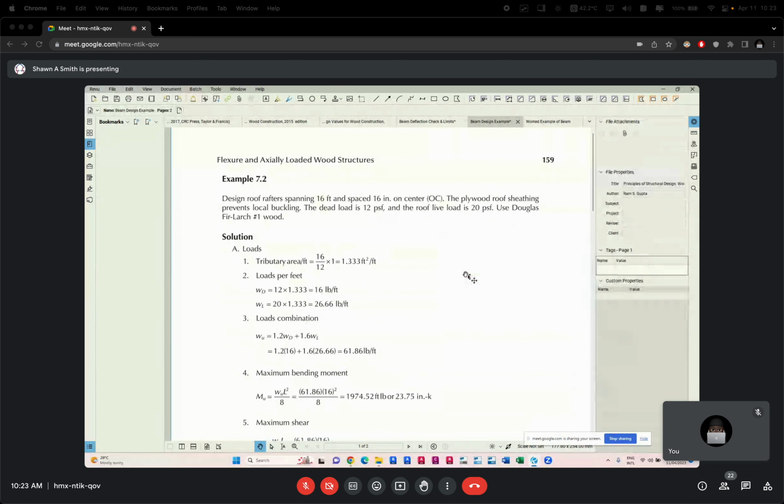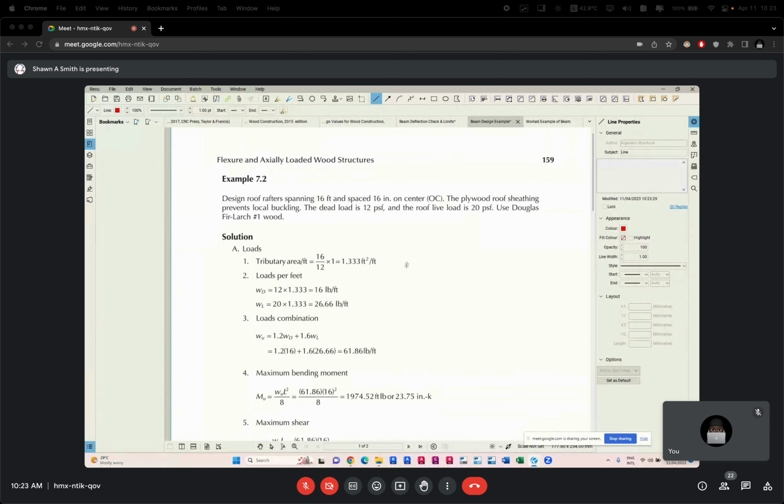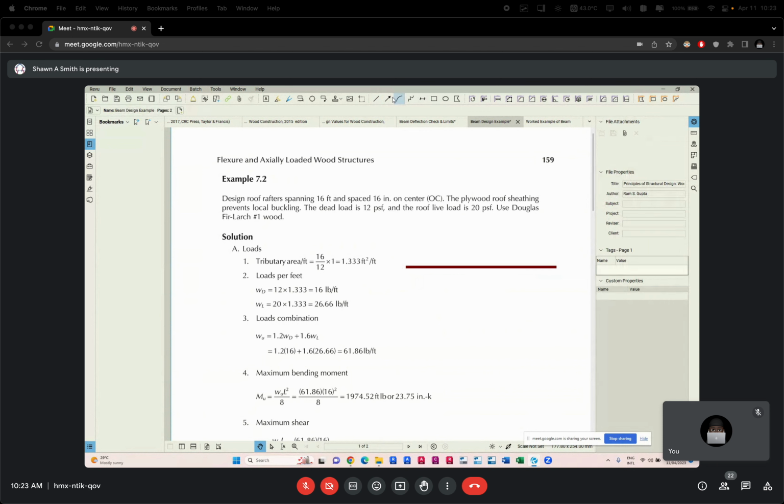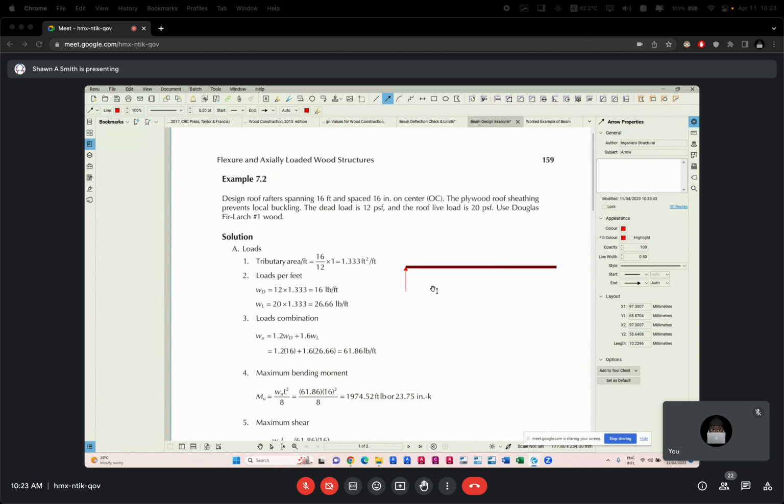So what we have is a beam now looking like this. And I'm going to make a sketch looking like this. That's a beam. That's your support.